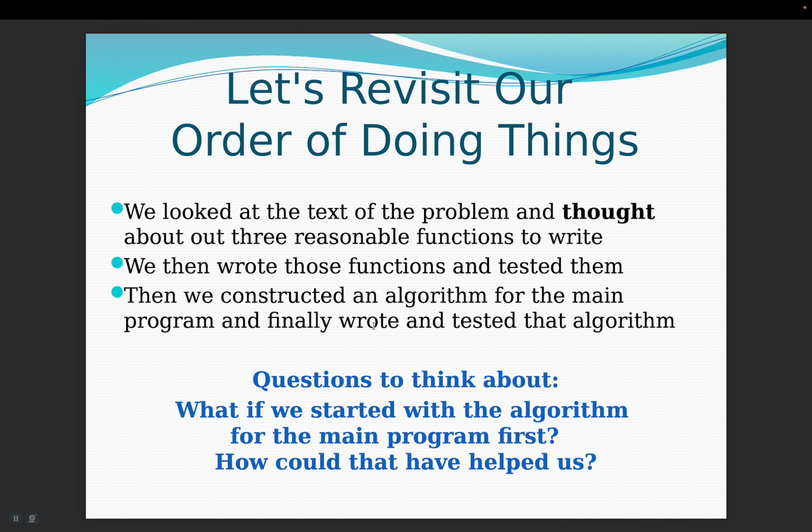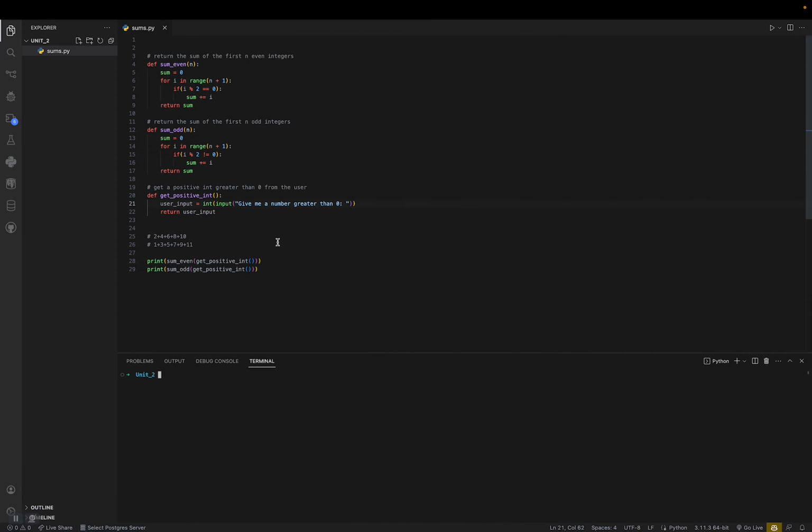So let's set out to do what we're supposed to do. Okay, so let's write the main program. So I'll just write the usage down here. So what did it want us to do?